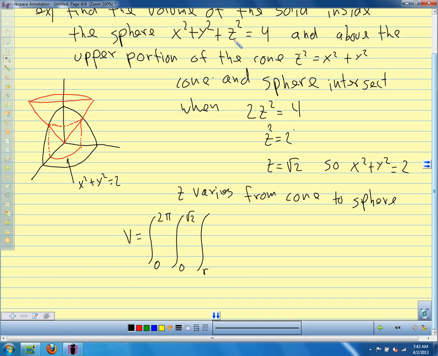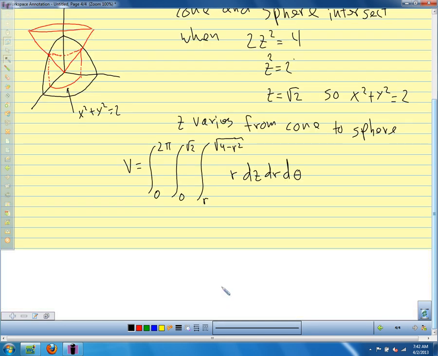On the sphere, z squared is 4 minus x squared plus y squared, so z is the square root of 4 minus r squared. Then r dz dr d theta. Like in polar coordinates, this r dz dr d theta is always going to be in our triple integral in cylindrical coordinates. Questions on the setup?